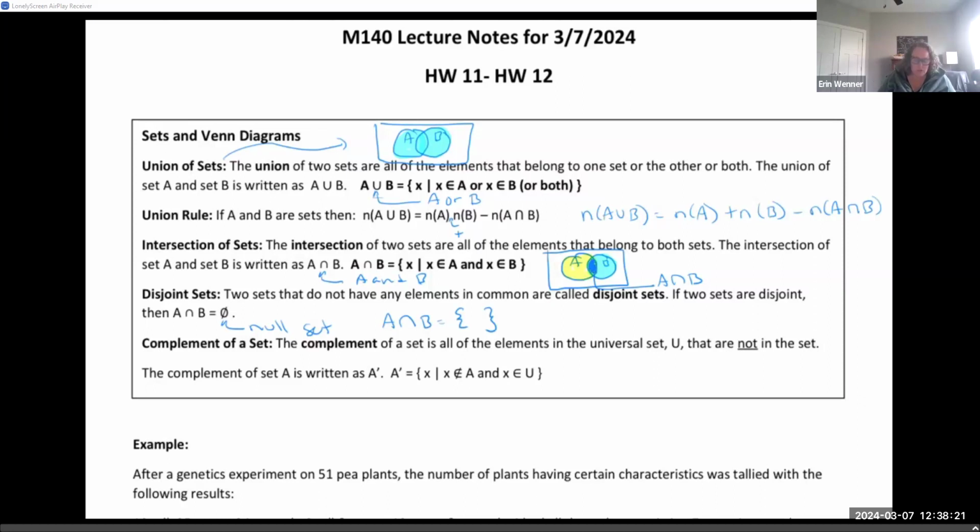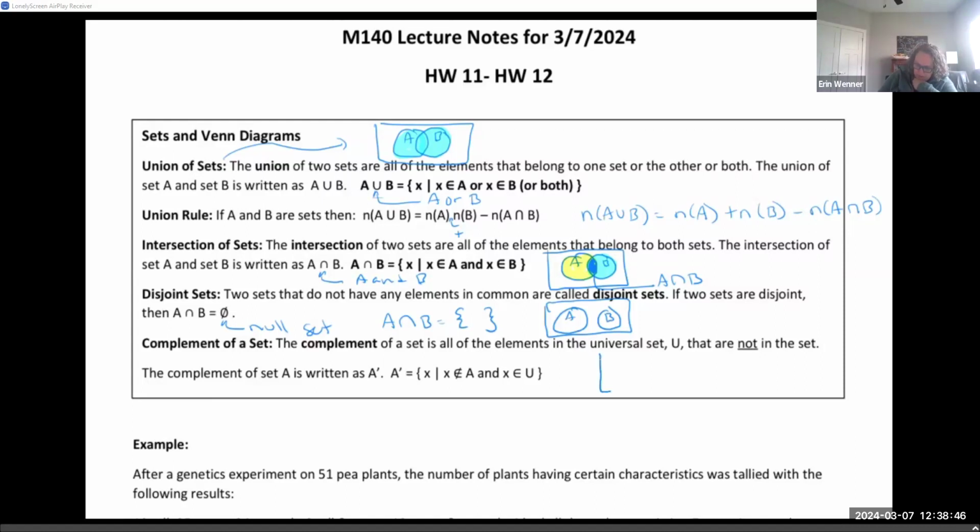The idea of disjoint sets are two sets that have nothing in common, meaning they do not overlap. So we would draw two standalone circles, A and B, not overlapping. And then finally, the complement of the set. The complement of a set is the set of all elements in the universal set, U, that are not in the set.